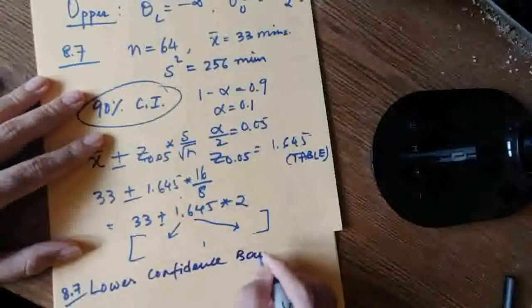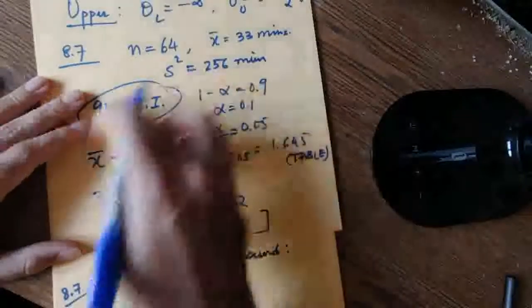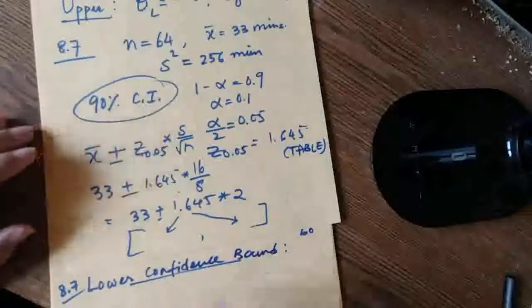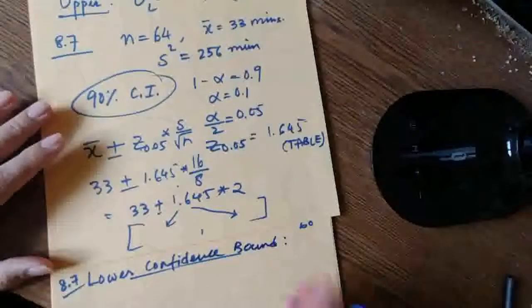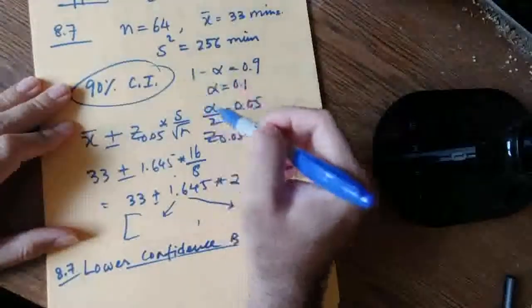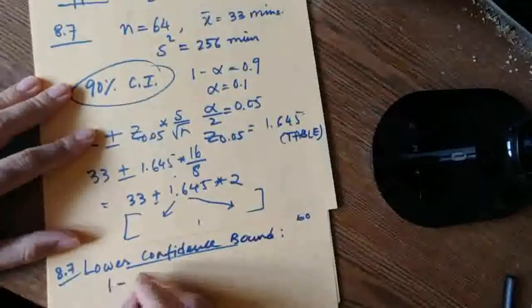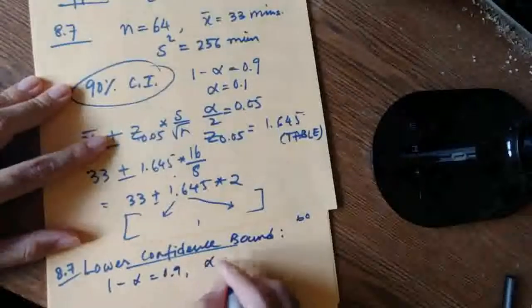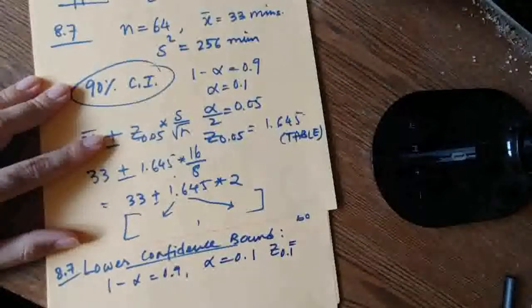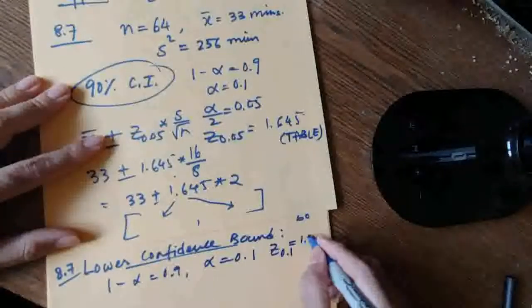What would be the change in the calculation? Well, the only thing that changes is right here. 1 minus alpha is 0.9, alpha is 0.1, so we are looking for z 0.1 from the table, which is 1.282.